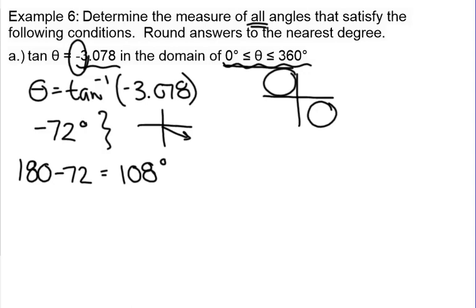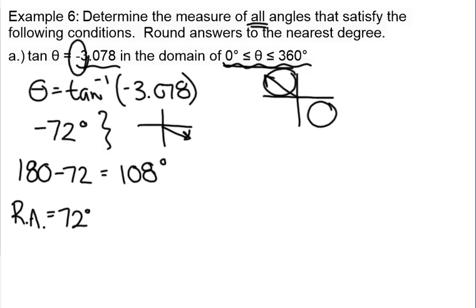So one way you can think of it: 180 minus 72. Another way is, how many back up to 0? Well, it's 72 degrees. So our reference angle is 72. And so 180 subtract 72 got us to 108, which is that one right there.